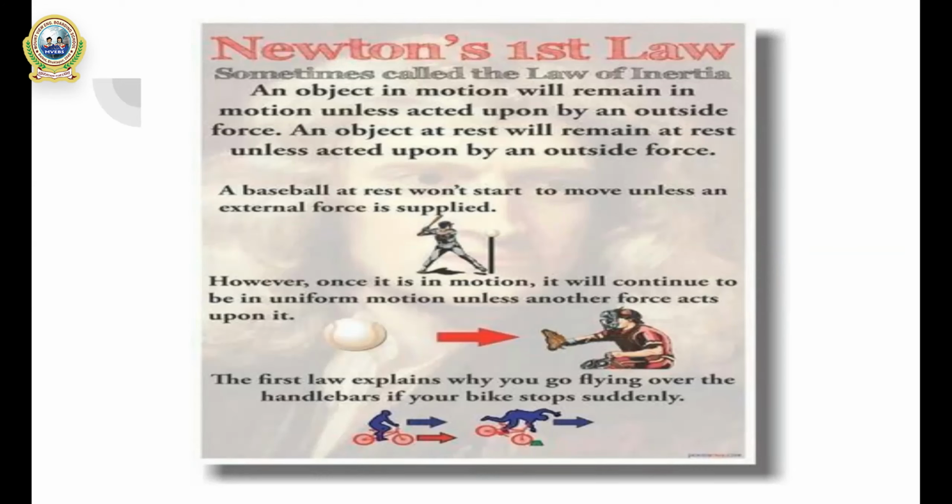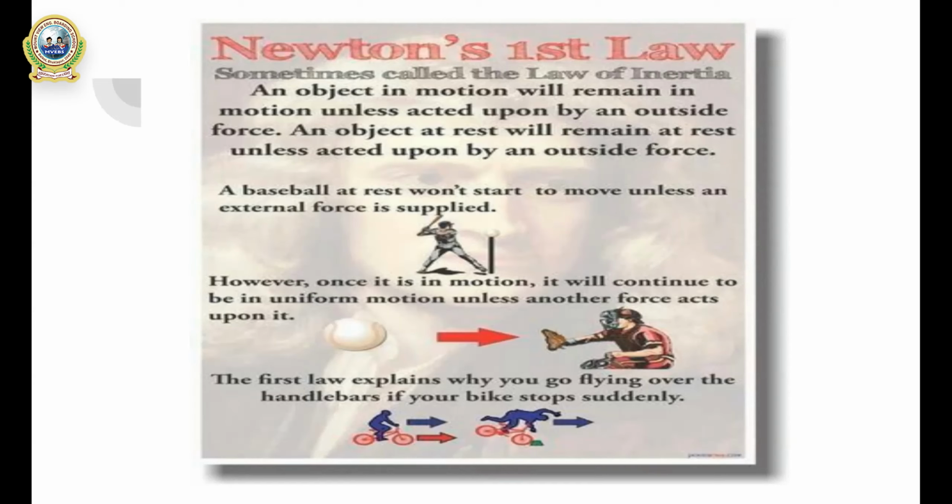When a moving bus is stopped and the driver applies the brakes, the passengers lean forward. When the driver turns the bus to the left side in a rush, the passengers lean to the right side. So these are all examples of Newton's first law of motion.